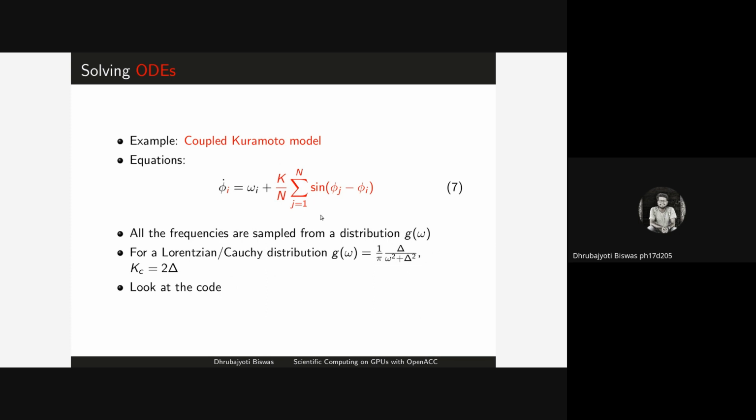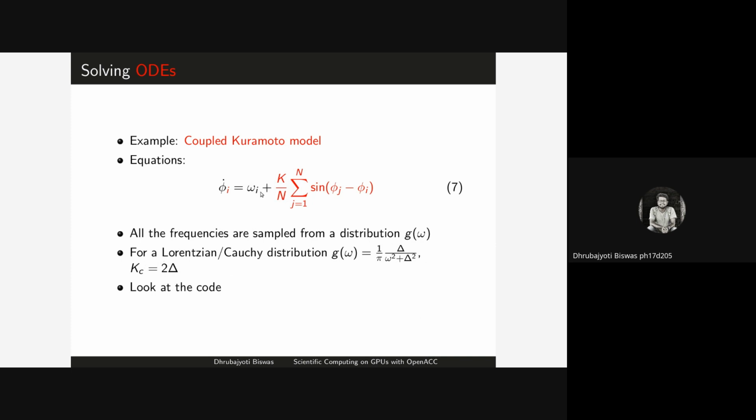But once you start having some value of k, the equations become coupled. The property of this system is that all the phi values start to group together, and that is called synchronization. They start to take the same value, and that sets in once your value of k is equal to or more than 2 delta.